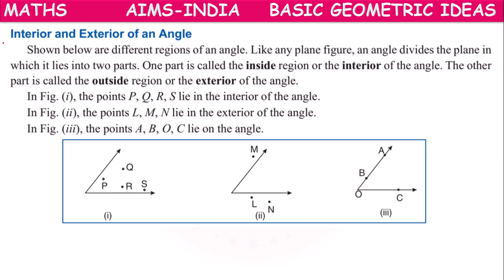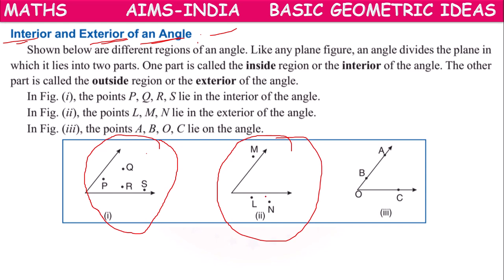Next, interior and exterior of an angle. So here, in the first picture, points P, Q, R, S are there. In the second picture, M, L, N points are there. In the third picture, A, B, C, O points are there.